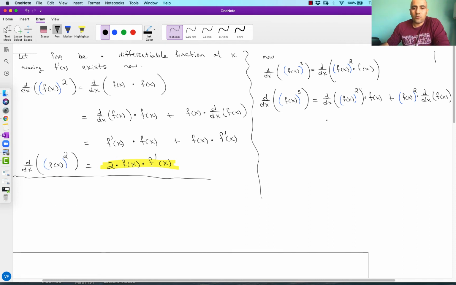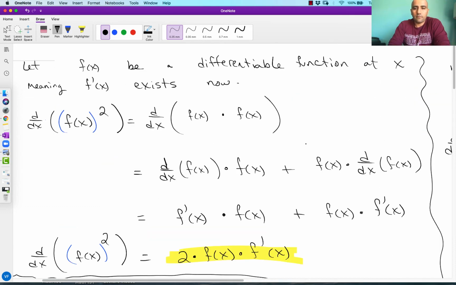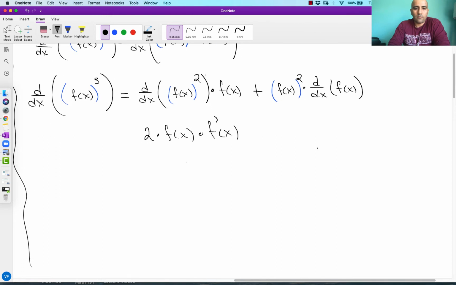This is going to be equal to 2 times f of x times f prime of x. Let me zoom in again. Okay, so all of this is the answer to this derivative. The derivative of f of x squared is this. Let me make it nicer.